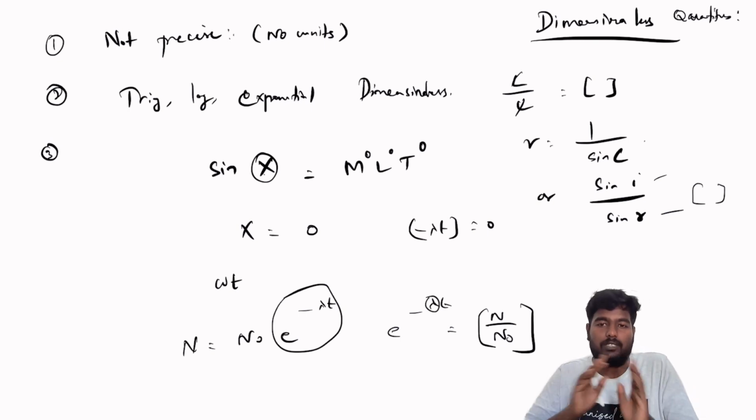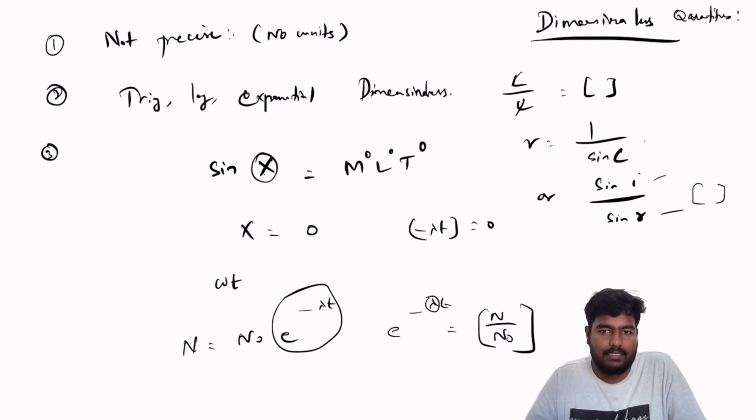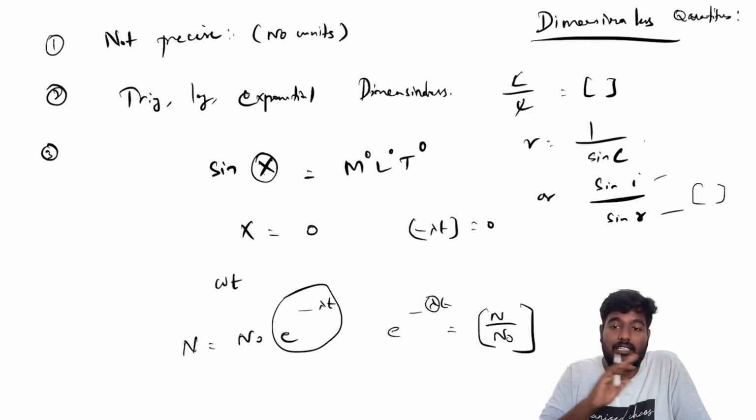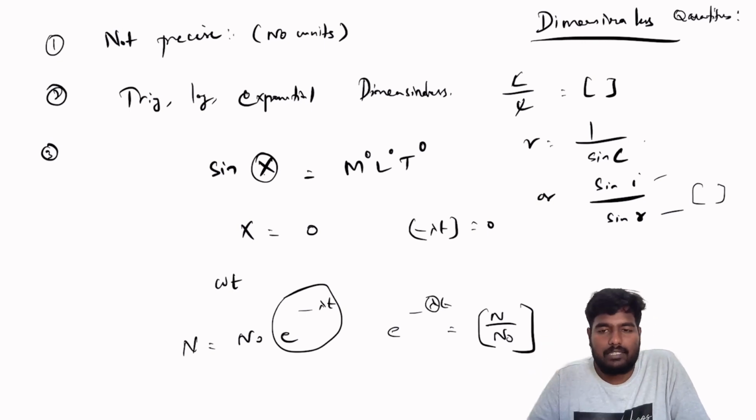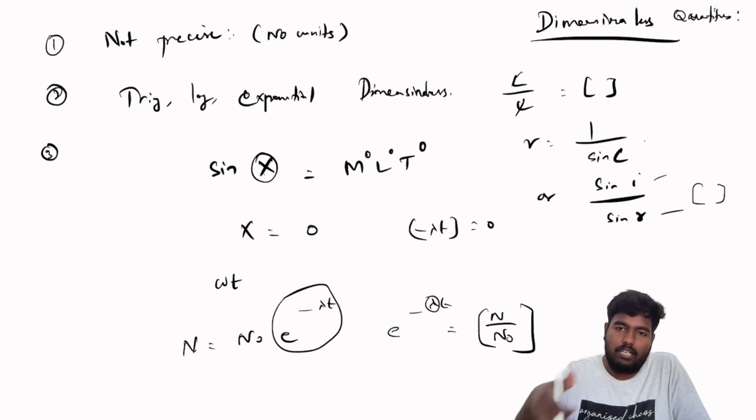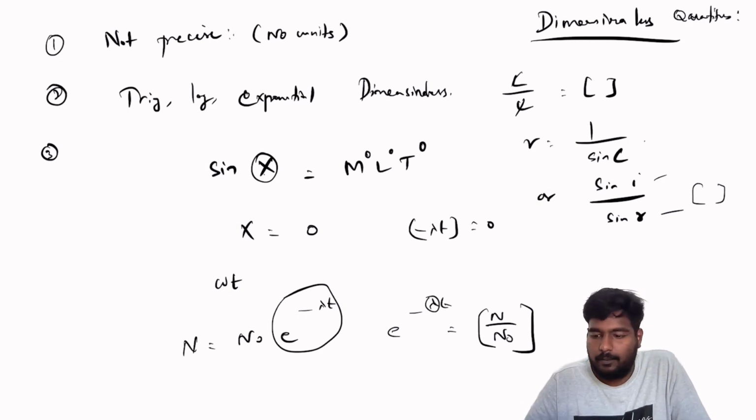You can tell a 100% wrong equation by dimensional analysis, but you cannot tell 100% right, because of these limitations. If it involves dimensionless quantities, you cannot bring down the actual value of the parameter you're looking for.